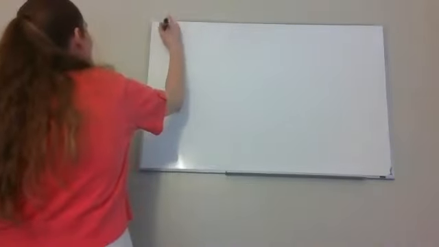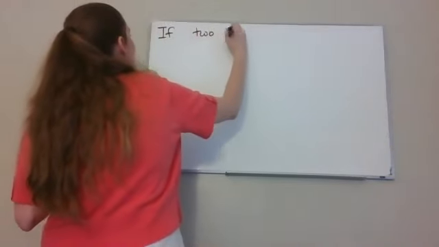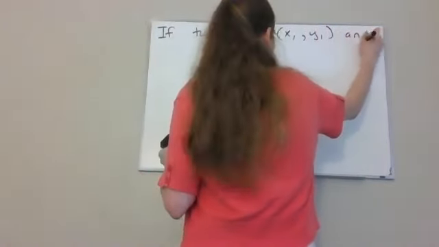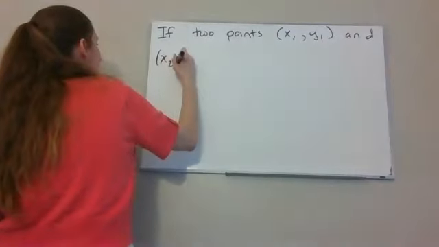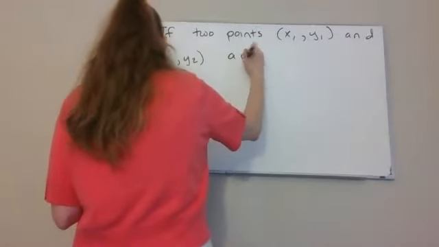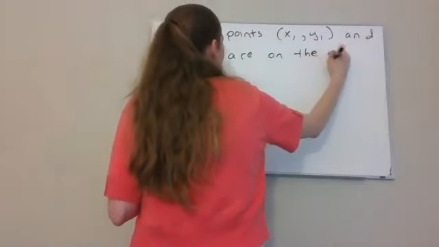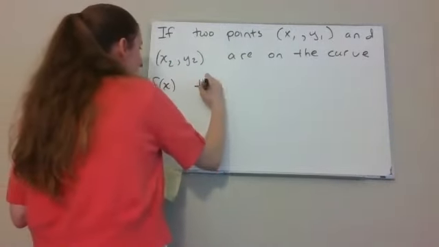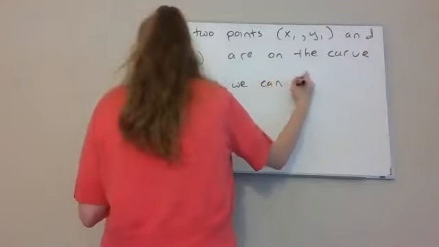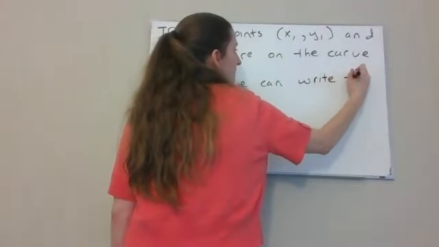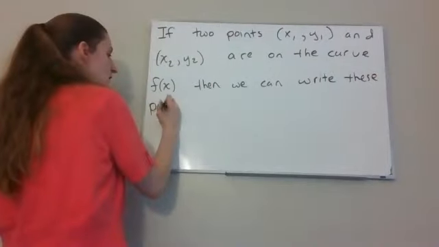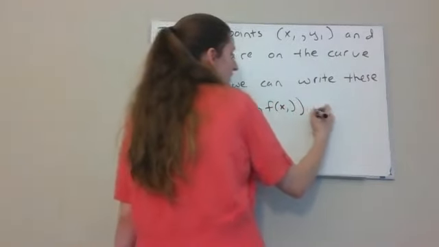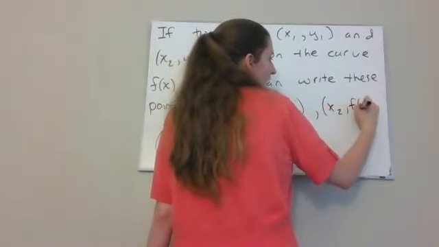So if 2 points x1, y1 and x2, y2 are on the curve f of x, then we can write these points as x1, f of x1 and x2, f of x2.